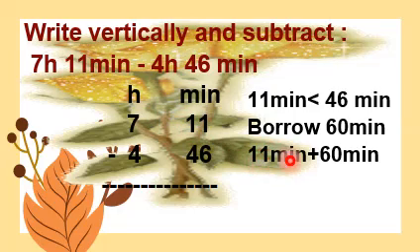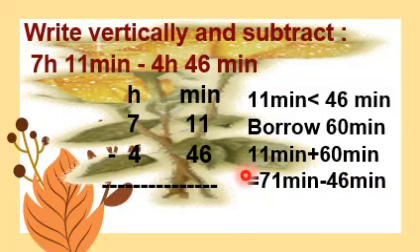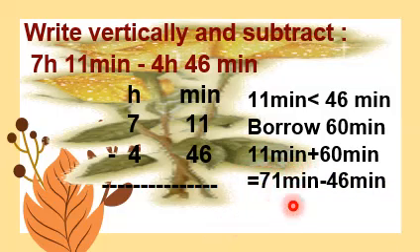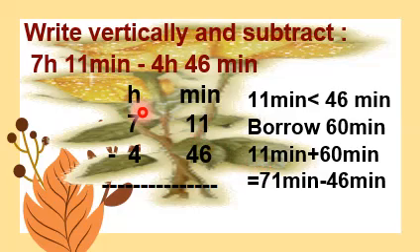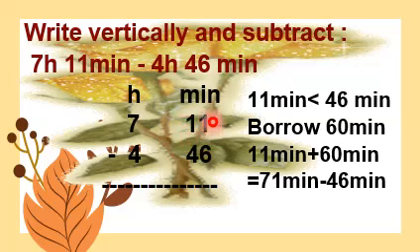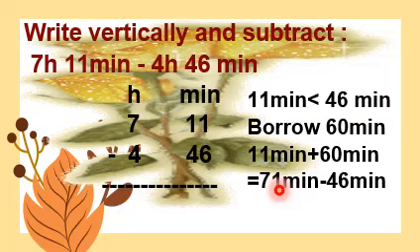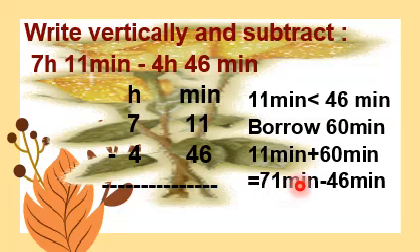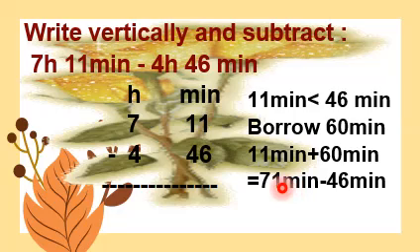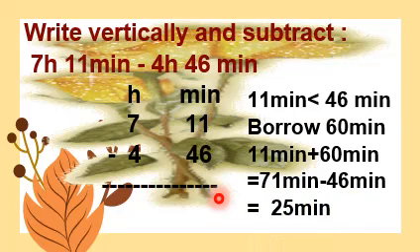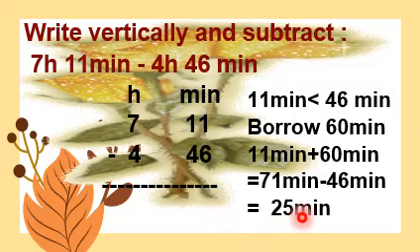Then we add 11 and 60: 11 minutes and 60 minutes is equal to 71 minutes. Now we will subtract 46 from 71. So 71 minus 46 is equal to 25 minutes.